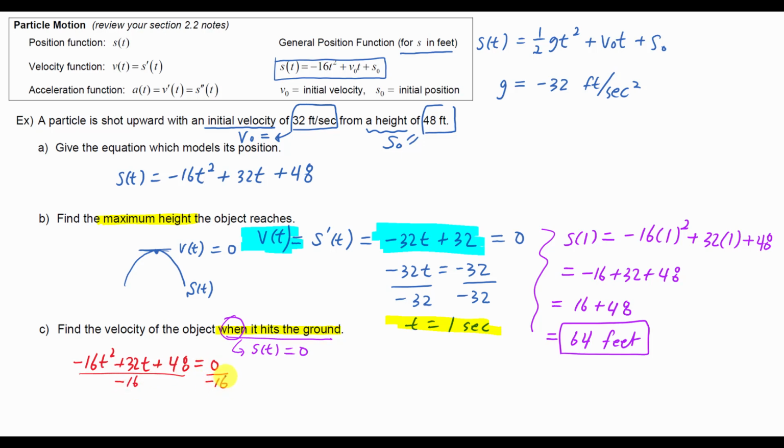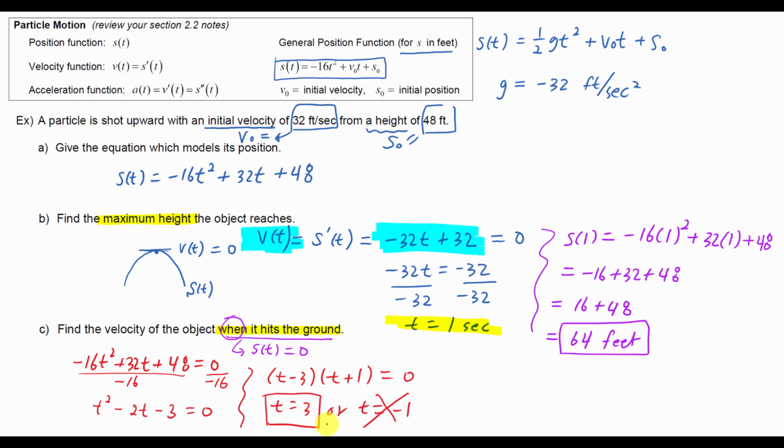If I do that, then I get t squared minus 2t minus 3 equals 0. Wow, this will be easy factoring. This factors into t minus 3 times t plus 1 equals 0. So t must be 3, or t could be negative 1, but t cannot be negative 1. T is the time, right? So in 3 seconds, it hits the ground.